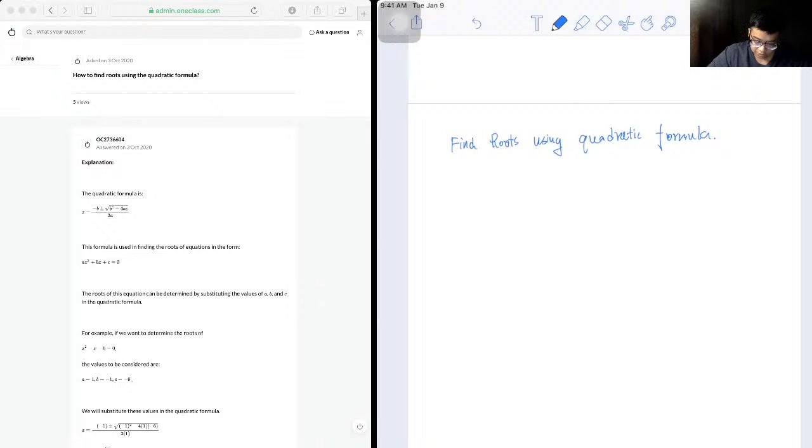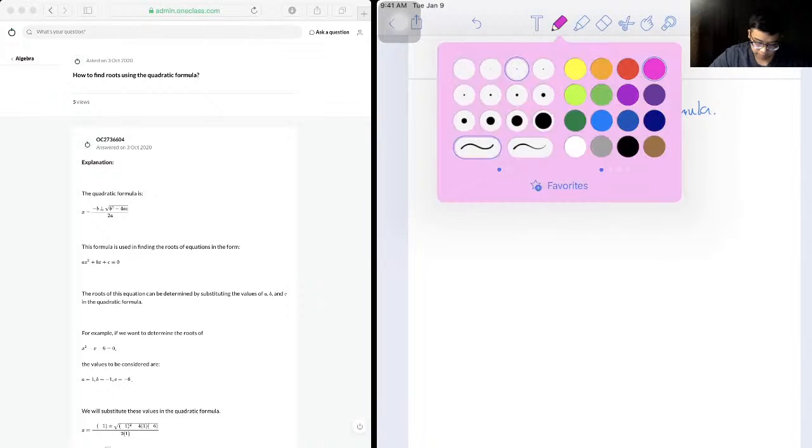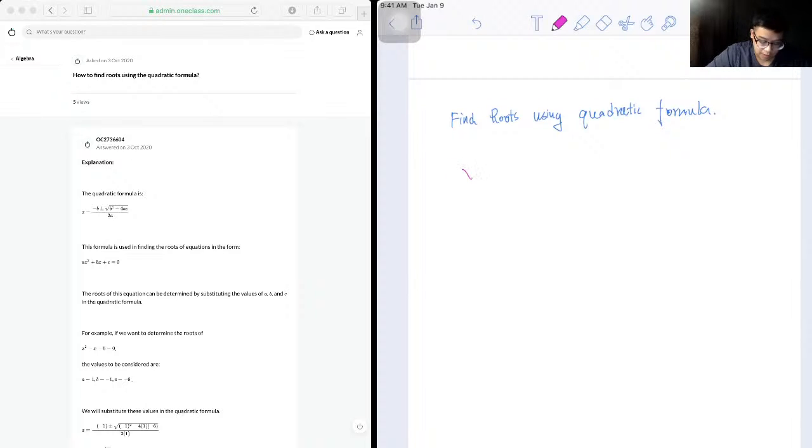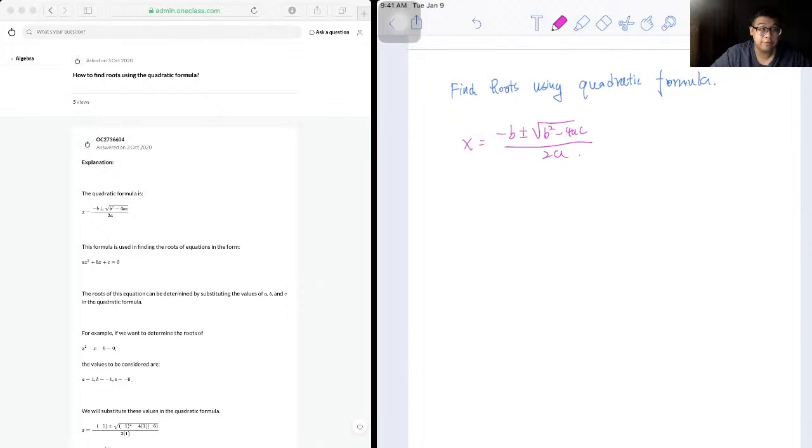So next, quadratic formula. First, let's write down the quadratic formula, which is x is equal to negative b, plus or minus the square root of b squared minus 4ac, over 2a. And this formula is used for finding the roots of an equation in this form.